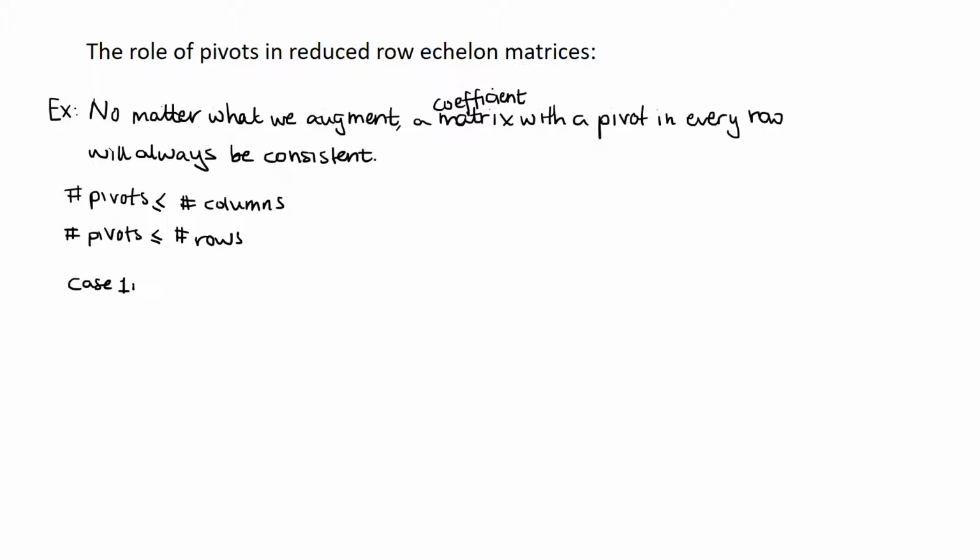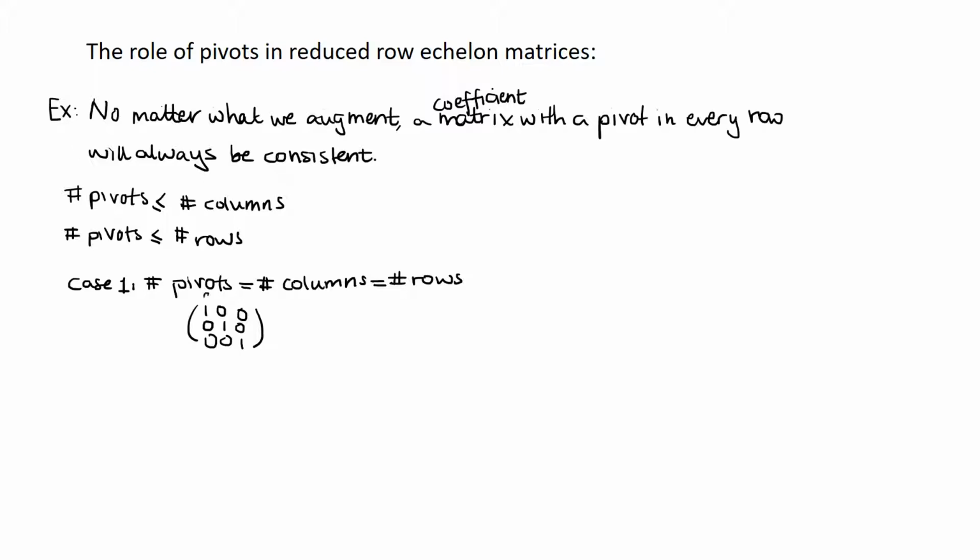So our first case is that the number of pivots is equal to the number of columns. So in this case, we have a square matrix and a pivot in every row, and so a pivot in every column, and that means that our matrix looks like this in reduced row echelon form, the coefficient matrix.